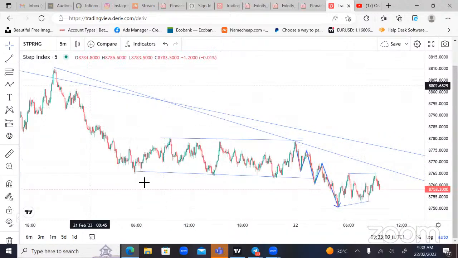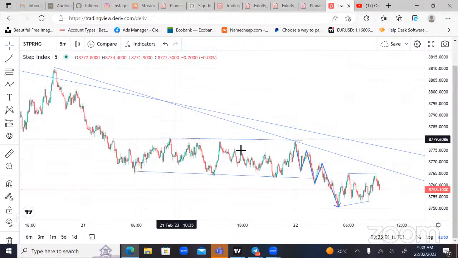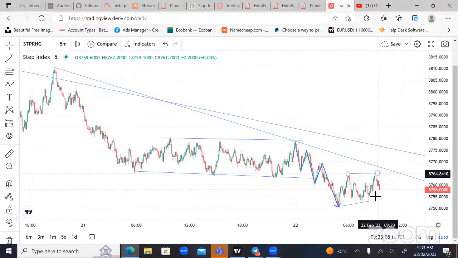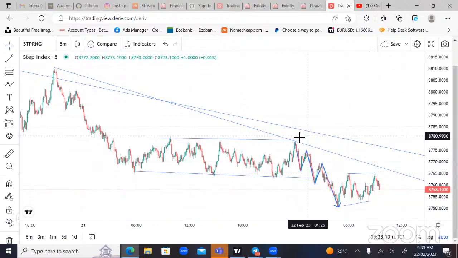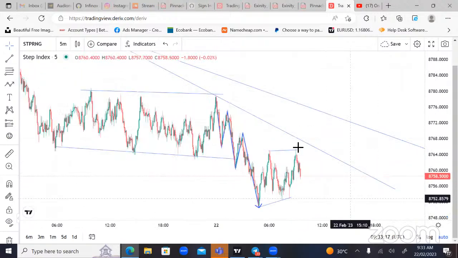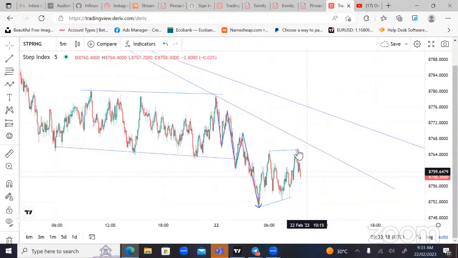So this was the move. This was an impulsive move, A, B, C, D, E. Now it started another impulsive move, gave us a flat correction, which is a swing structure. So I'm expecting another internal structures like this one over here. So this was the sell. The sell was here.